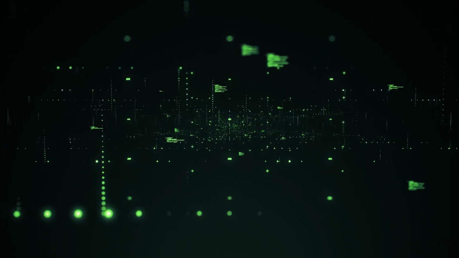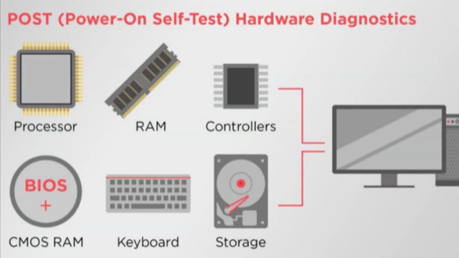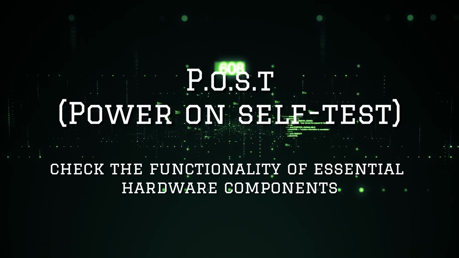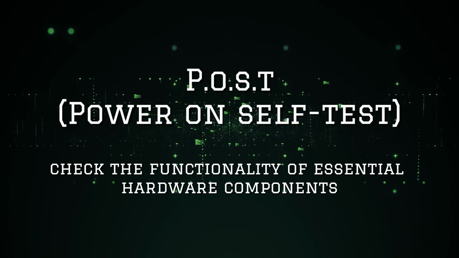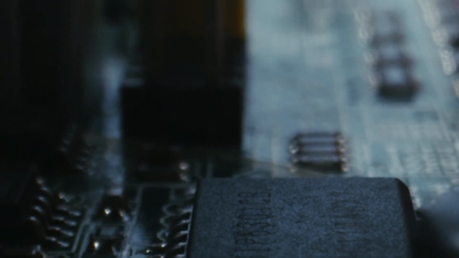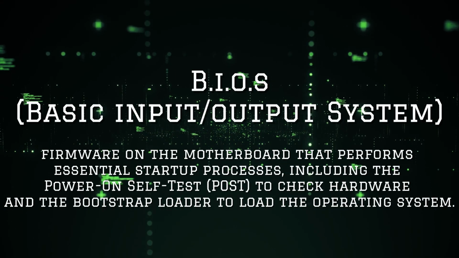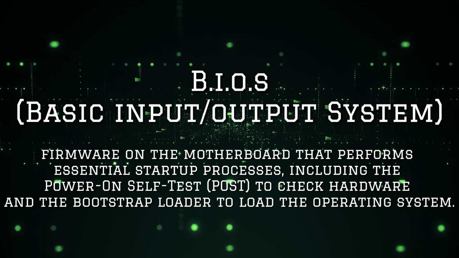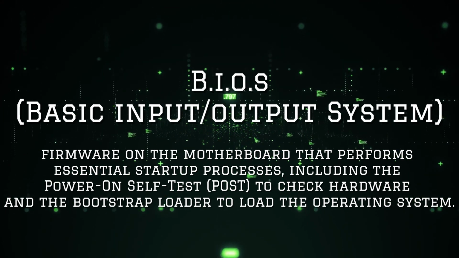Now, when the computer powers on, it goes through a sequence of operations that scan for issues within the system. This system process is called POST, P-O-S-T, also known as power on self-test. This process ensures that key hardware components are operational, and it's initiated by a firmware called the BIOS, B-I-O-S, which stands for Basic Input Output System, and that's located inside the motherboard.